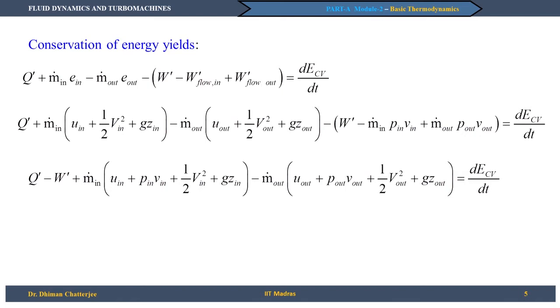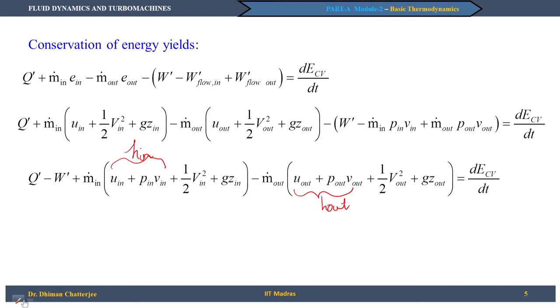Let us look at this term, U in plus P in V in. This is nothing but the enthalpy you have talked about, H in. Similarly, U out plus P out V out is nothing but H out, H being the static enthalpy.